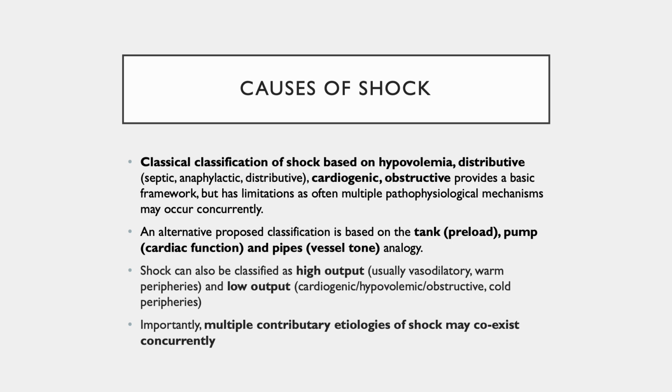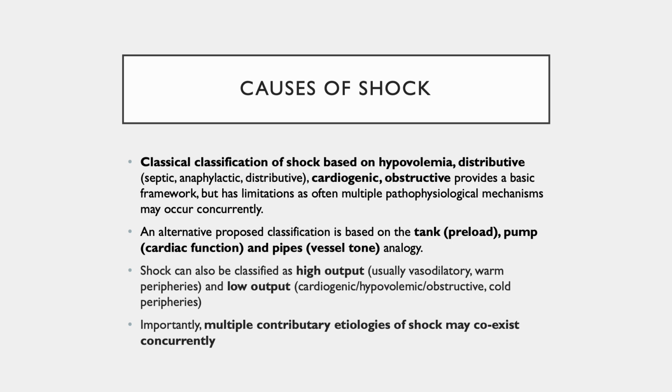An alternative proposed classification would be to think from a physiological standpoint of a tank, pump, and pipe analogy, respectively corresponding to preload, cardiac function, as well as vessel tone. Shock can also be classified as high output, usually in vasodilatory states where patients are warm peripherally, or low output states like in cardiogenic, hypovolemic, and obstructive shock where patients oftentimes present with cold peripheries.